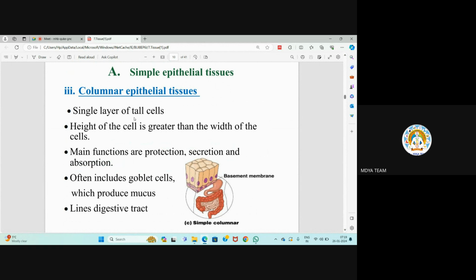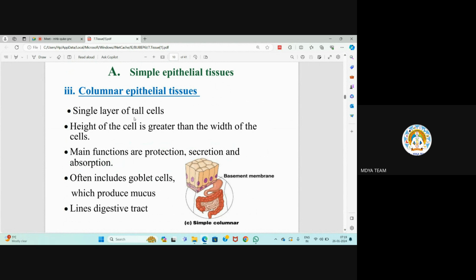we can find columnar epithelial tissue, and in this columnar epithelial tissue there are goblet cells, which produce mucus. So you can find mucus in the trachea and in the stomach, and it is very important to have mucus, because in the stomach highly acidic gastric juices are secreted.